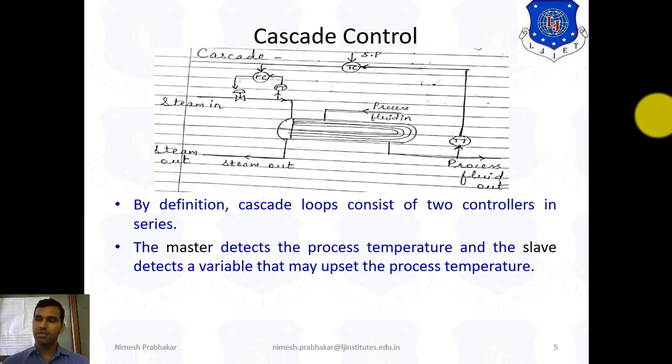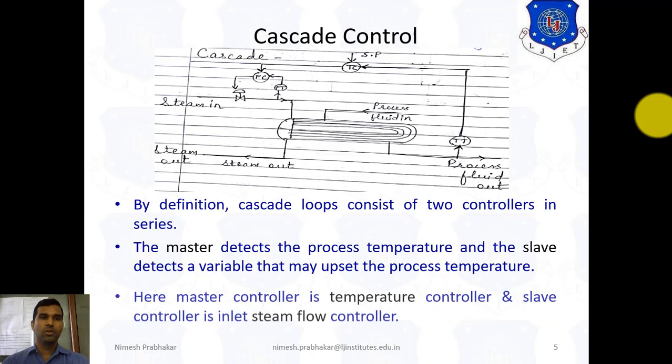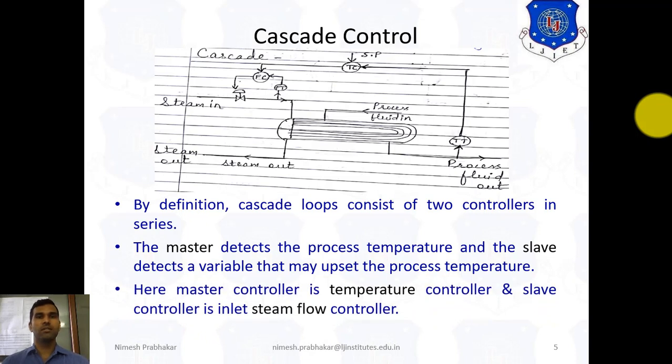Like in this case, here the master controller is the temperature controller and the slave controller is the inlet flow controller, because a sudden change in steam pressure will cause the steam flow rate to increase. This will cause a gradual change in fluid output temperature.